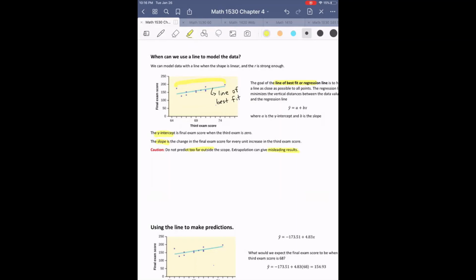And you may be wondering, well, how can that happen? Let me just show you an example. Let's say we had a scatter plot and it looks something like this.